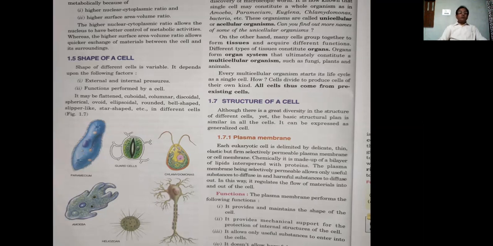Neuron cell, the longest cell in our body. A number of organs are known, having different shapes and sizes of cells. One by one, we have to study each part.